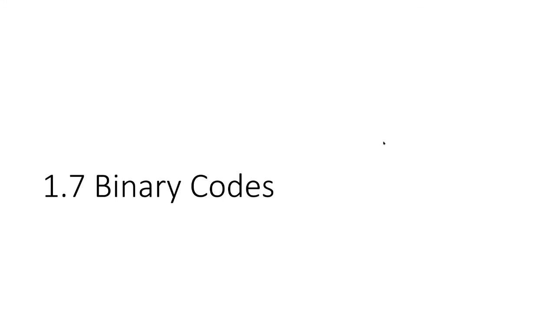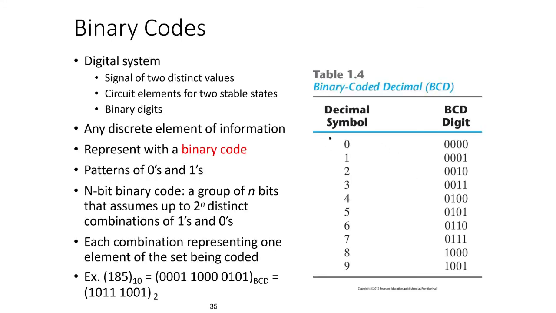Okay, the next one's binary codes. Binary codes are basically just another way for you to represent the information that's stored in memory, okay? With binary codes, the basic idea is you're taking a binary number and using it to represent the decimal symbol directly, okay?